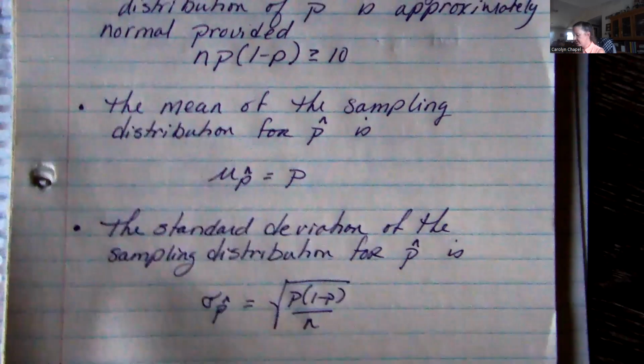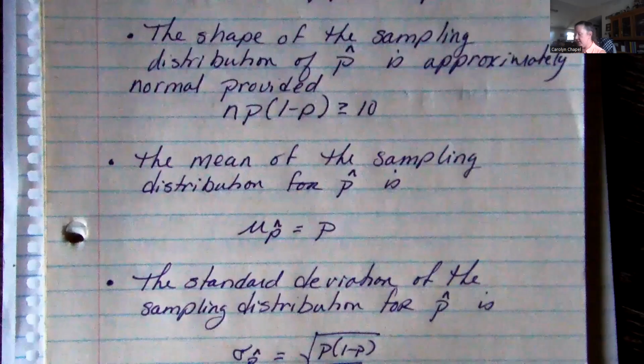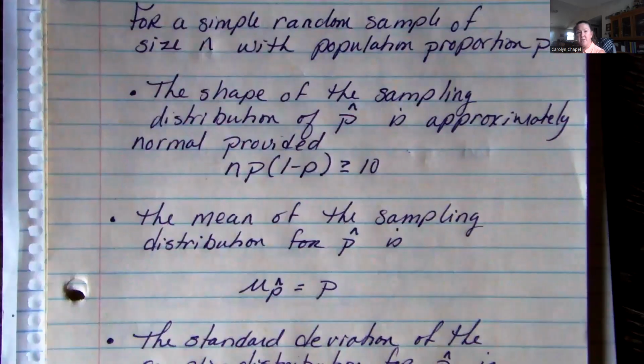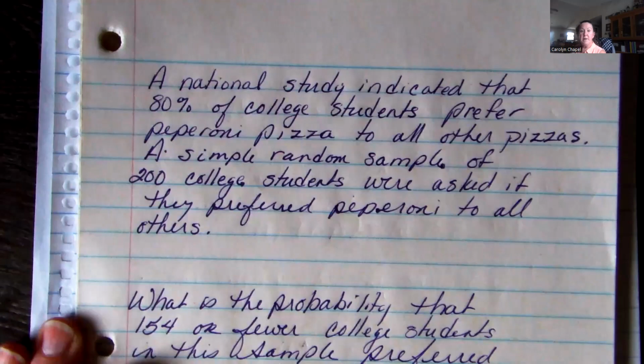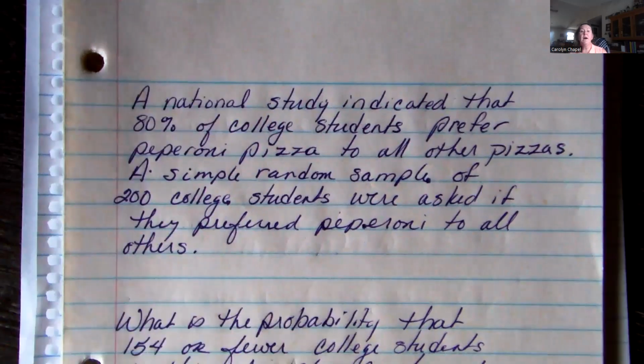And as I'm walking through this example, it may look a little familiar to you, which is true. So here's my example. We have a national study that indicates that 80% of college students prefer pepperoni pizza to all other pizzas.